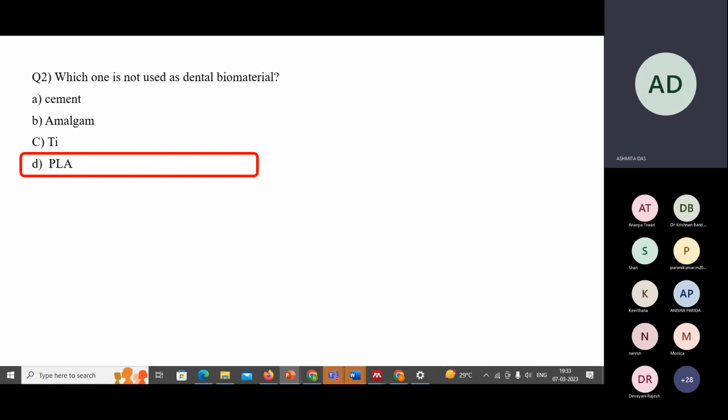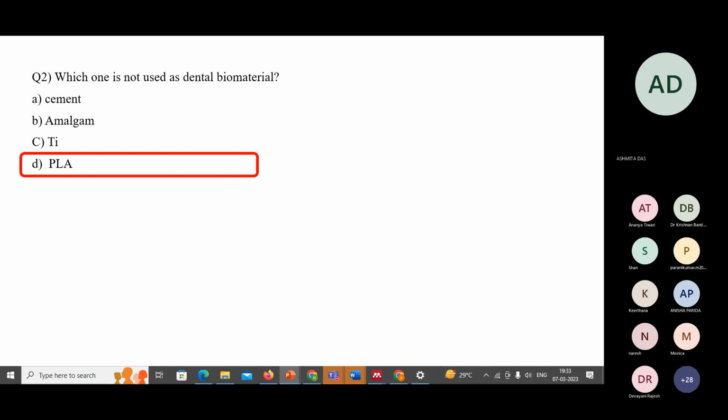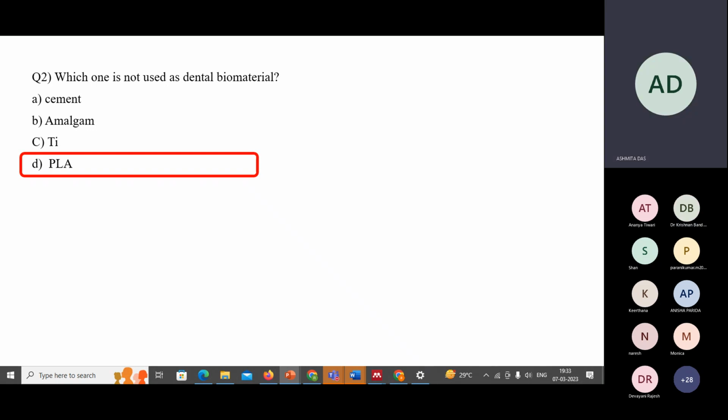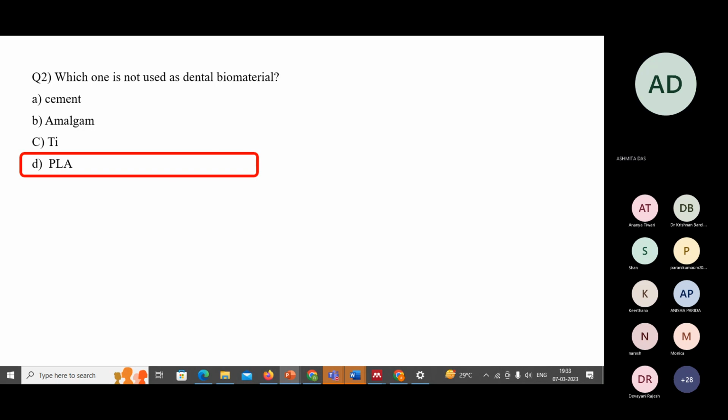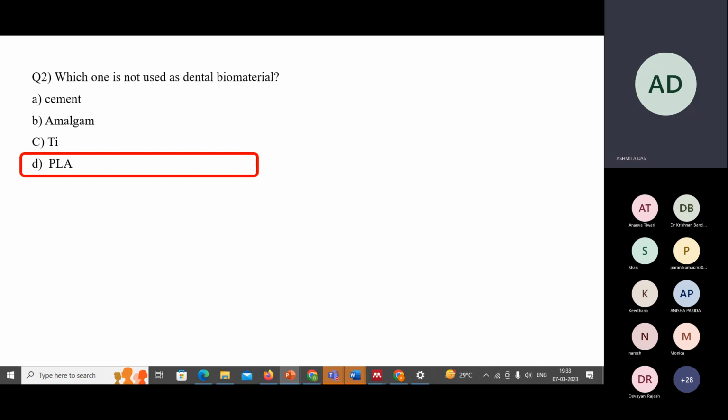It is basically a mixture of liquid mercury and metal alloy. Yes. So it is also used in dentistry. Dental amalgam is basically used for filling the cavities majorly.